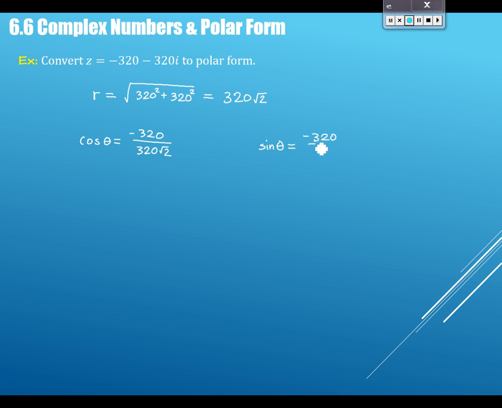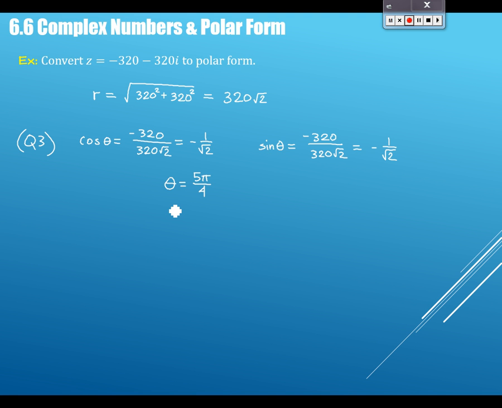And the sine is the same. So what angle is this? What quadrant are we in? Yeah, so theta equals 5 pi over 4, I hear you say.